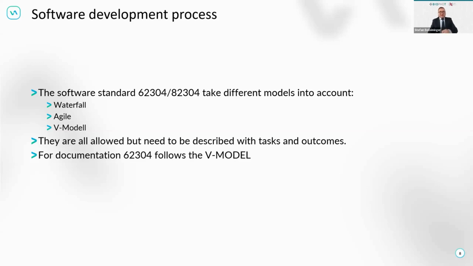And then, since the standard does not have anything against user requirements, the 82304 comes with the validation of the user requirements, or the 62366 comes with the validation to the user requirements. So that is the relation to the end of the standard, and therefore of the release of the product, and therefore that's the documentation needed there.